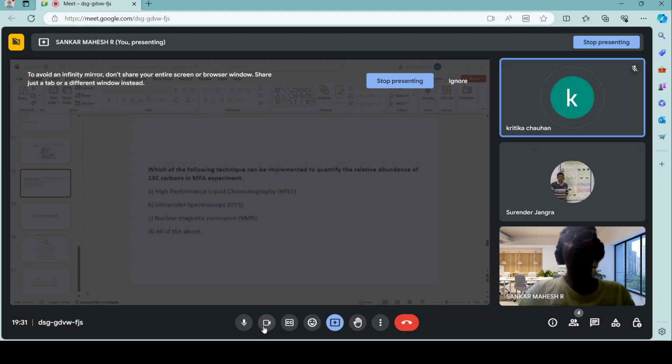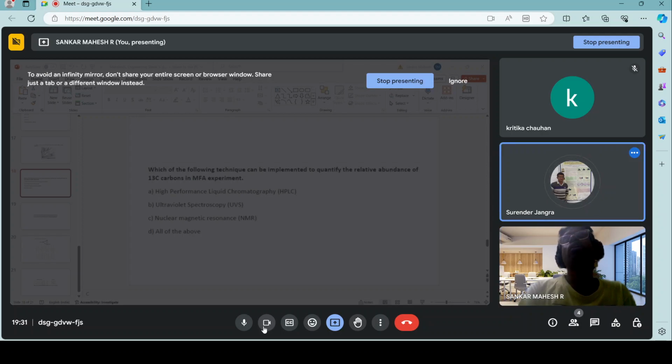Okay. So what I was trying to say is, in this experiment, they try to calculate what fraction of the total metabolite is actually radioactive, which gives you an idea about the flux through that reaction, right?